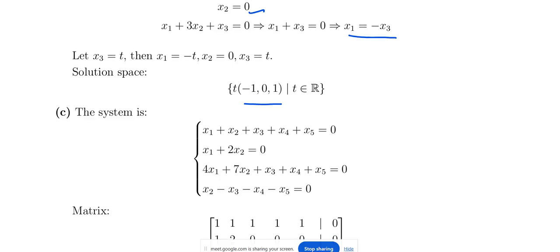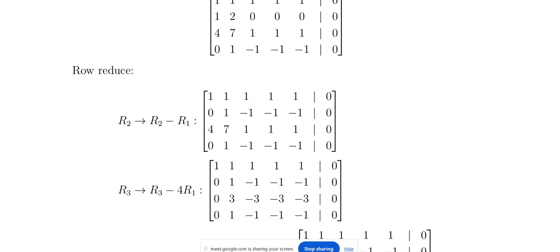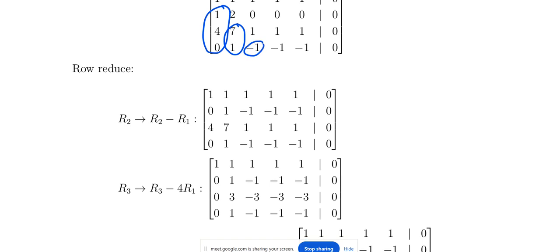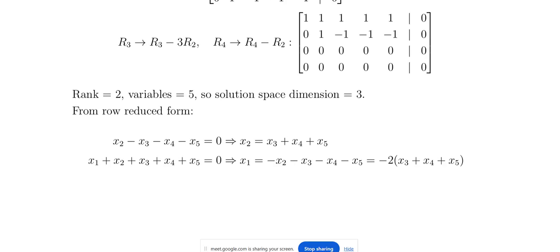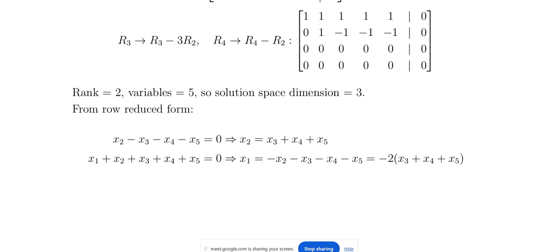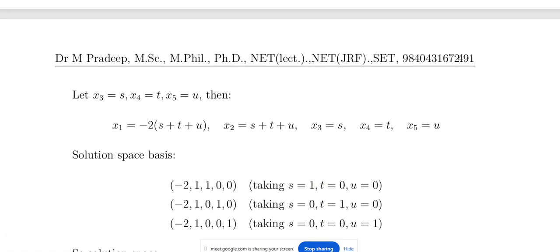So the system is like this. If it is like this, in its reduced form, first make all of these 0, then try to make these two 0, and then try to make this 0. So after operating the elementary transformations, the rank is 2. Here the variables are 5, so the dimension of the solution space is 3. So therefore x1 equal to minus 2 into x3 plus something, s plus t.